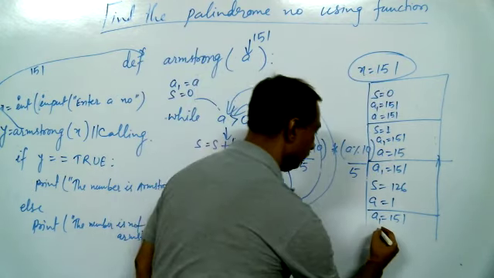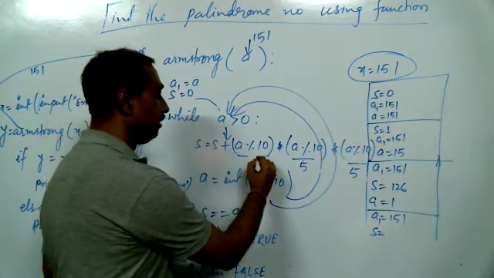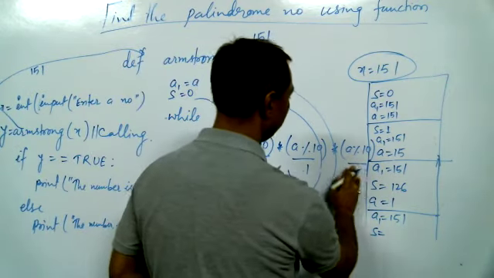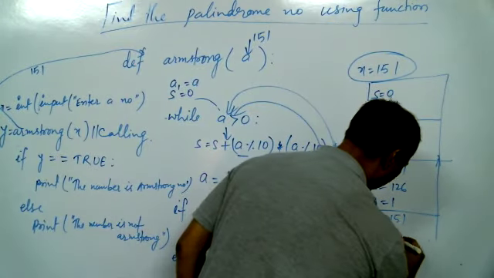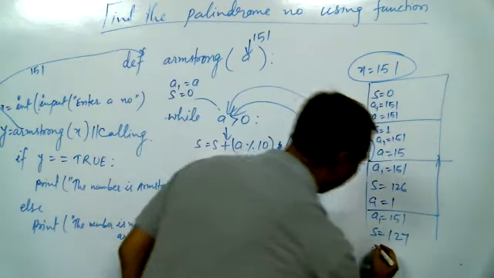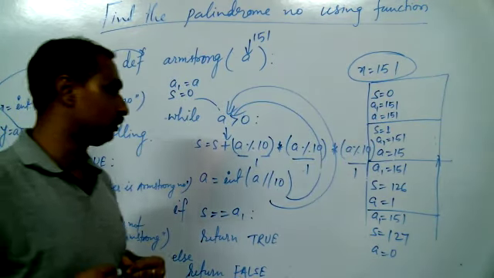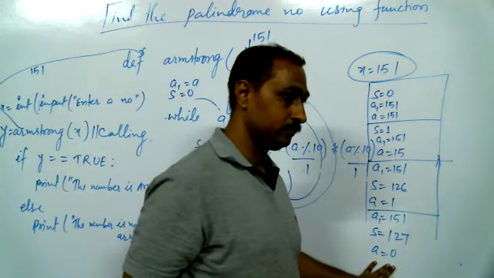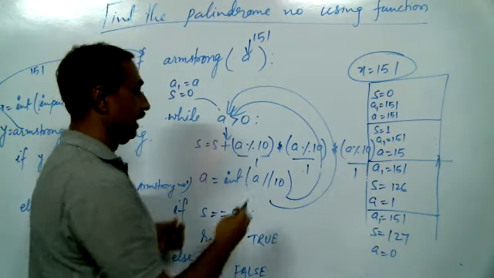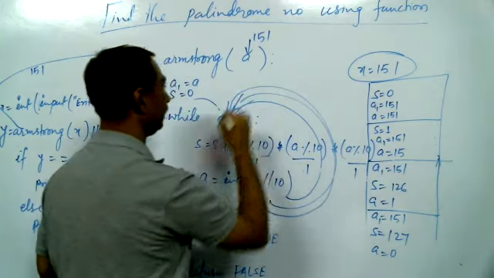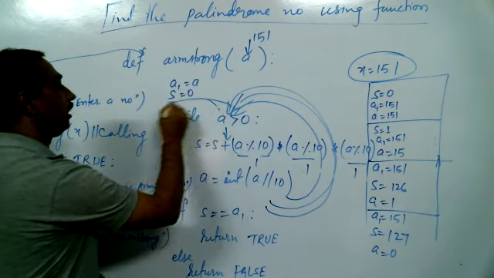S will become 126 plus, this time we get remainder 1, 1 and 1. 1 into 1 into 1 plus 126 will be 127. And then A will become 0, because this time we get 0 as the quotient. So the condition is false, and it will come out of the loop.